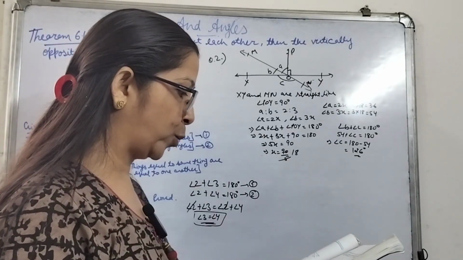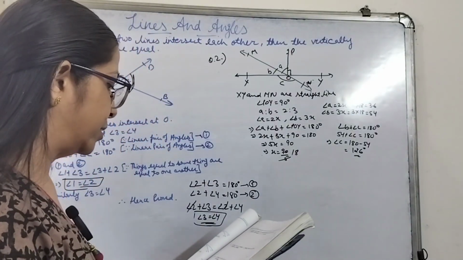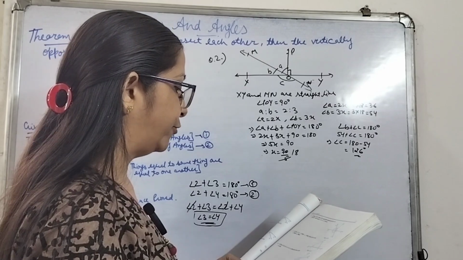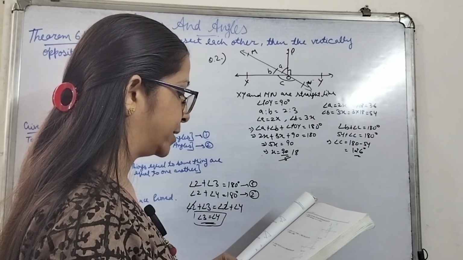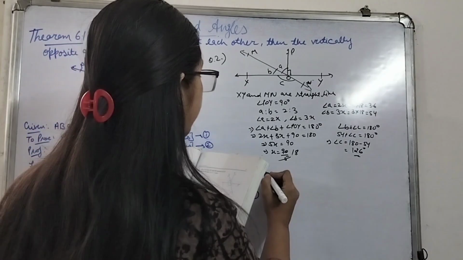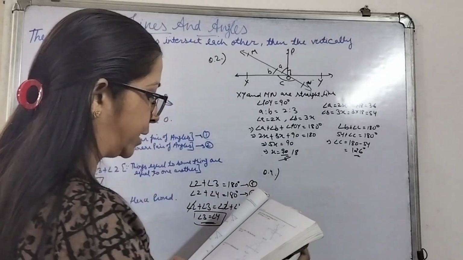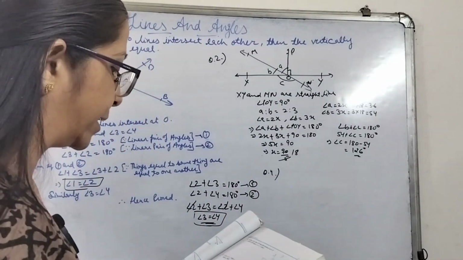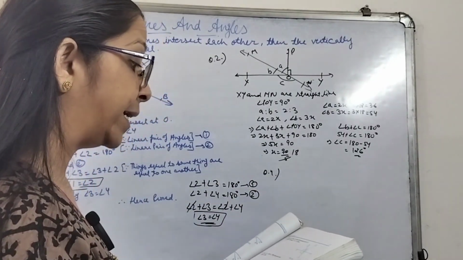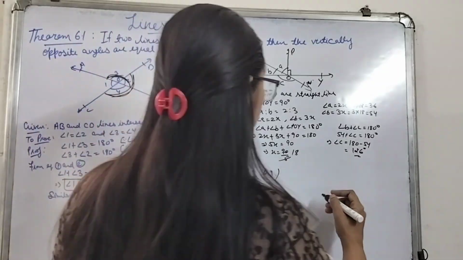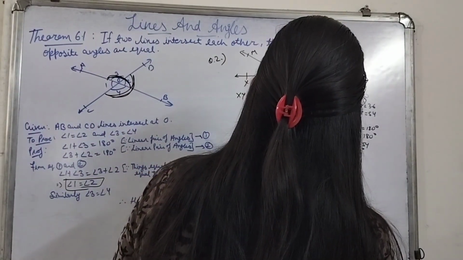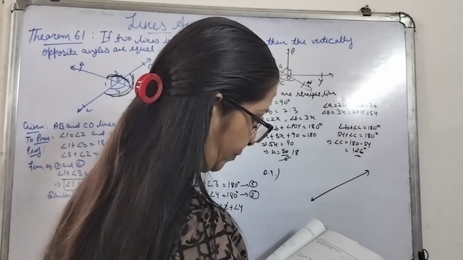Now let's see one more question. Question number 4. In figure 6.16, x plus y is equal to w plus z. Then prove that AOB is a line. So first of all, we are making the figure. This is a straight line.